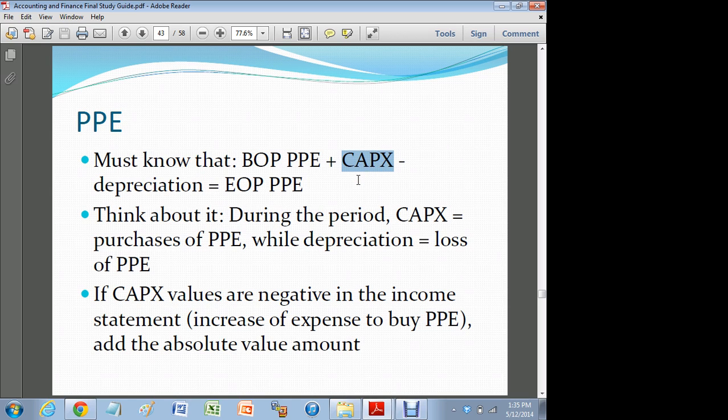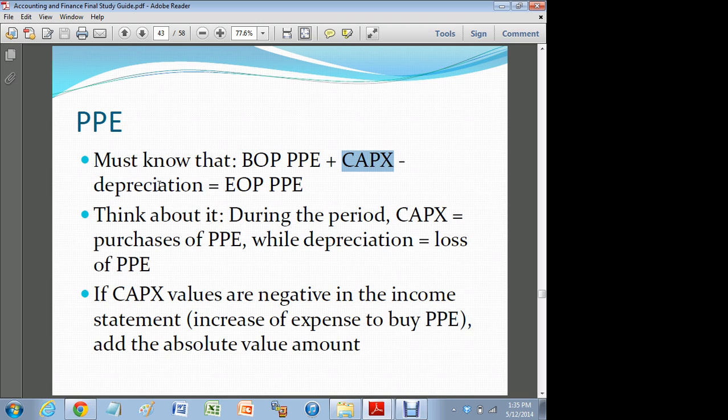That amount is your CapEx. So earlier we had the thing with the negative sign, the positive sign. Well, here, however much you paid for, or however much equipment you bought, that's going to be added onto your PPE amount. So you add a positive number. This is how much more equipment you got.